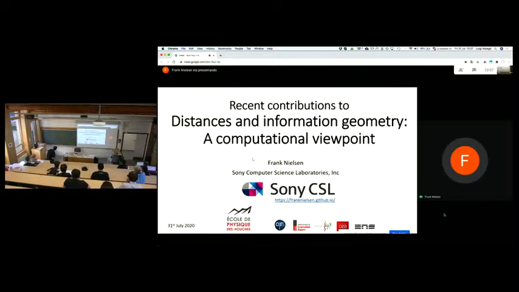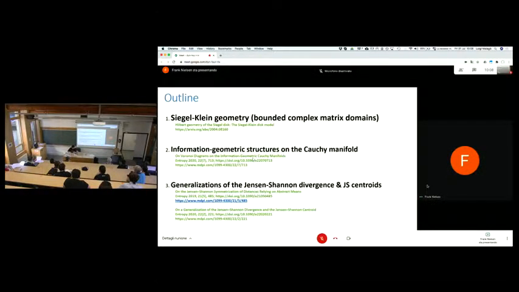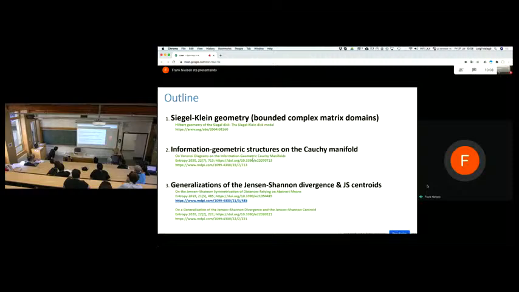So I changed a little bit the title of the talk, and it will be very general about distances of information geometry, and I will emphasize computational aspects of it. The outline of the talk is mostly three mini talks that I stitched all together. I will first start by some geometry on bounded complex matrix domains that I will call the Siegel-Klein geometry.